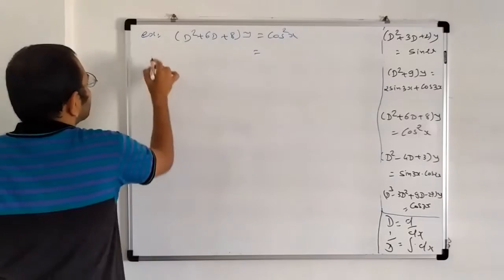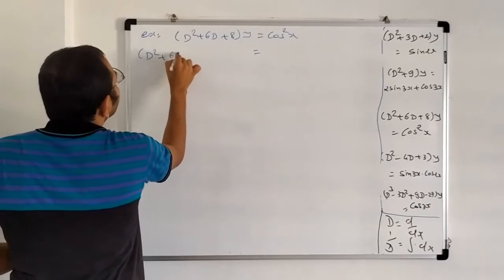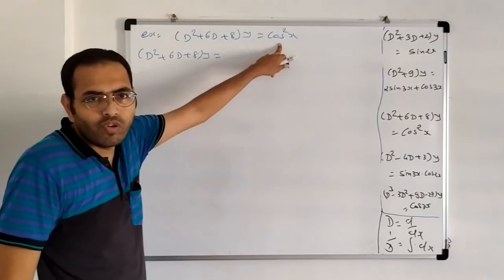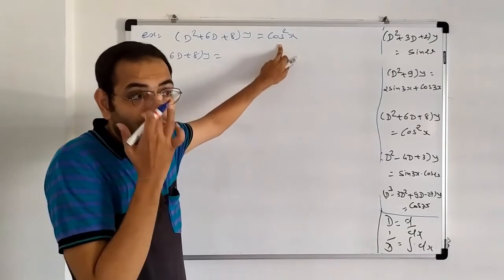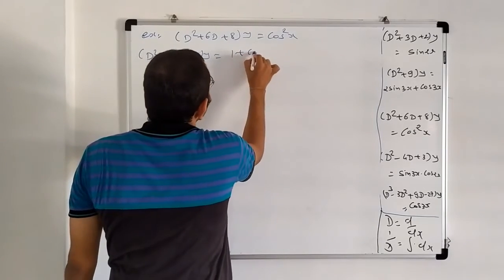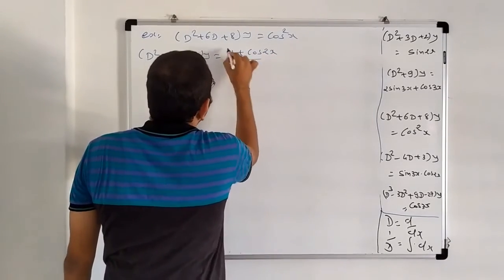First simplify this term. We cannot go directly with cos square, so we apply the basic trigonometric formula, that is (1 plus cos 2x) by 2.